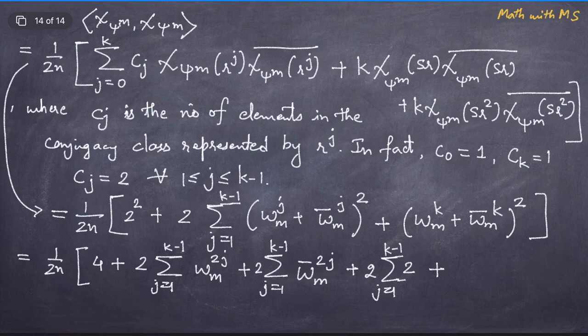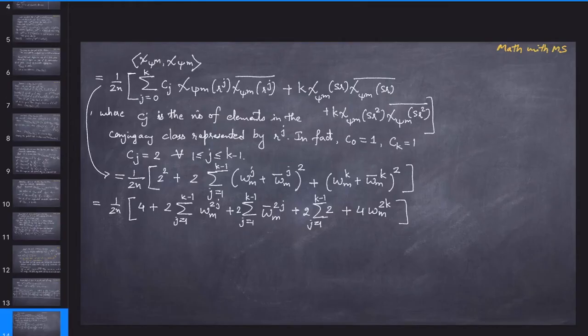Therefore, omega m to the power k bar is the same as omega m to the power k, because k is exactly half of n and omega m is the nth root of unity. So this is just the same as 4 times omega m to the power 2k. Notice that omega m to the power 2k is 1, but I want to just keep it in this form because I want to use the expression that the sum of the powers of a non-trivial root of unity is 0.